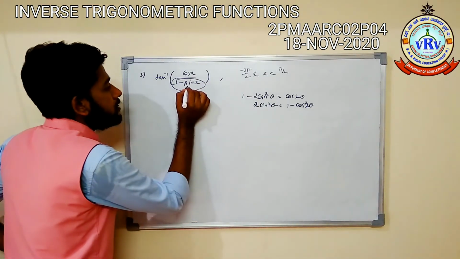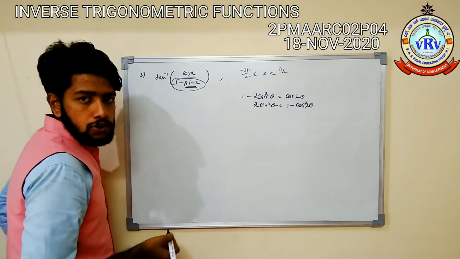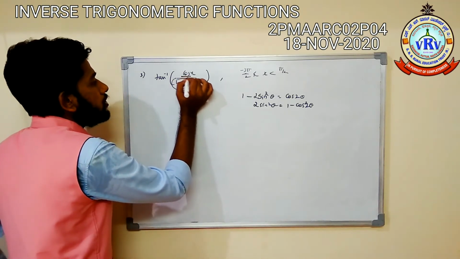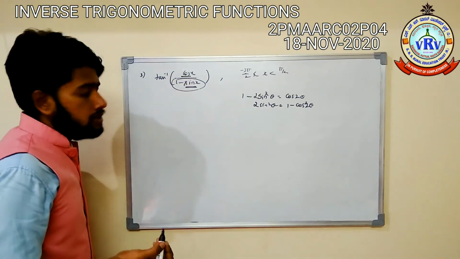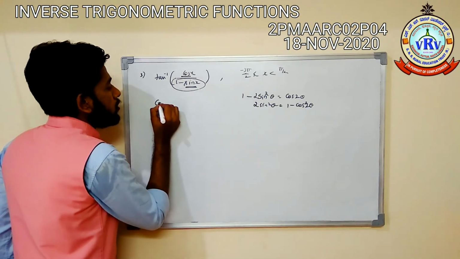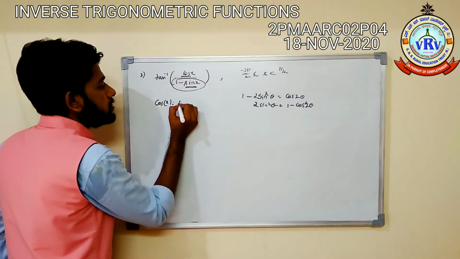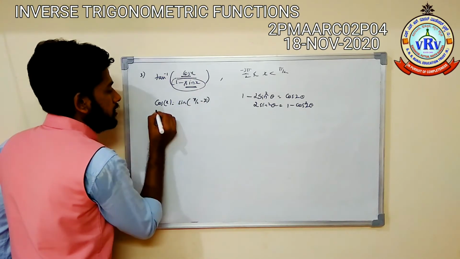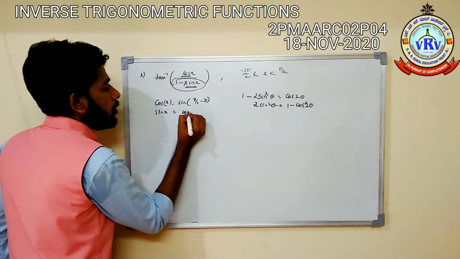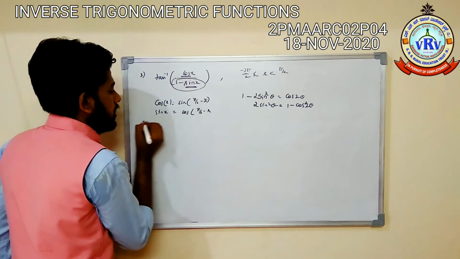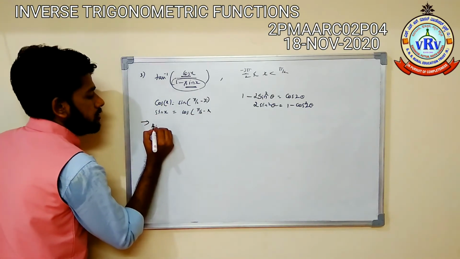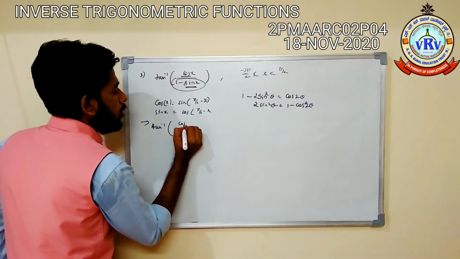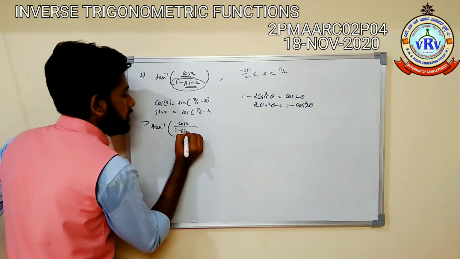So I want to convert this function as cos function, and in the numerator I require this sin function. So I replace cos x as sin pi by 2 minus x, and sin x as cos pi by 2 minus x.